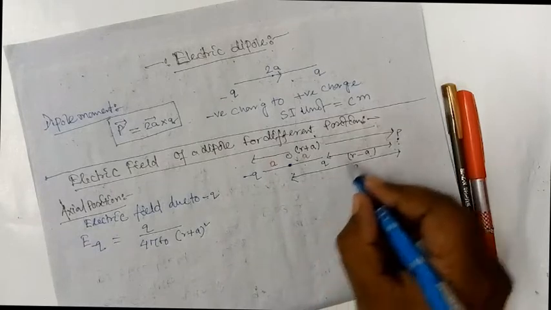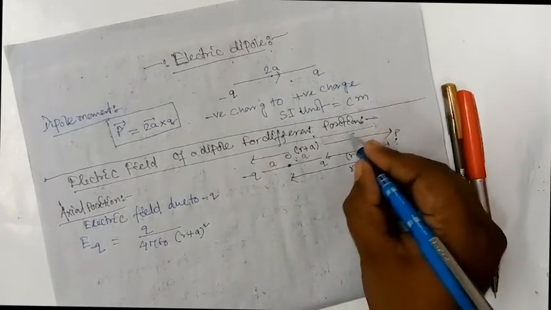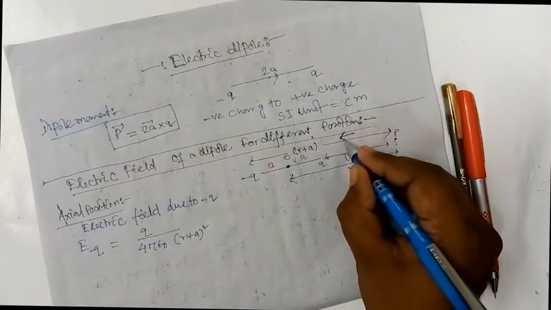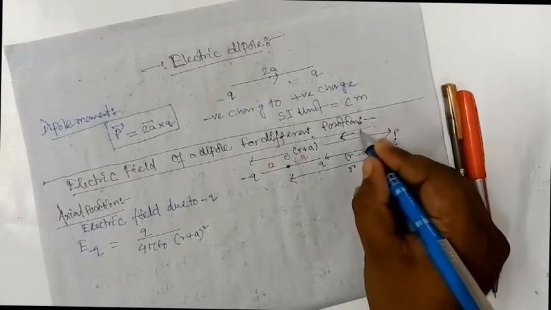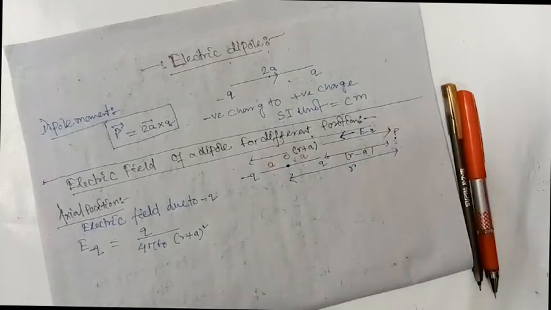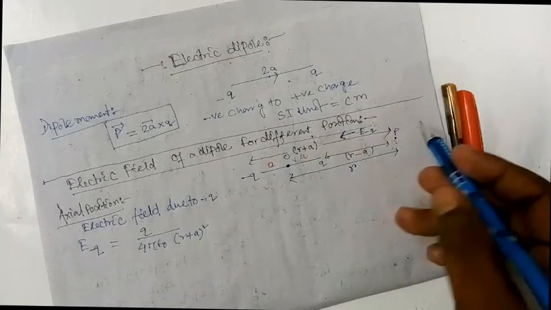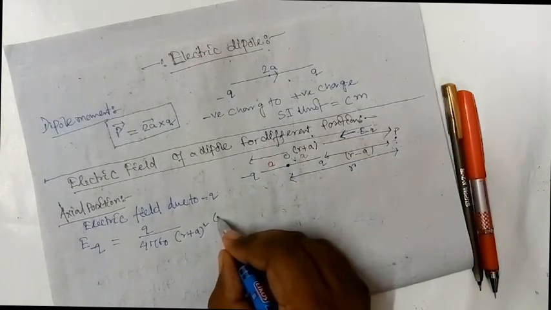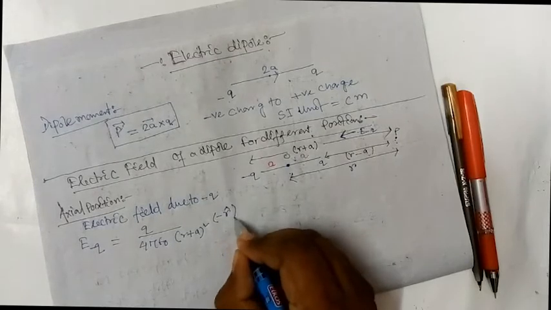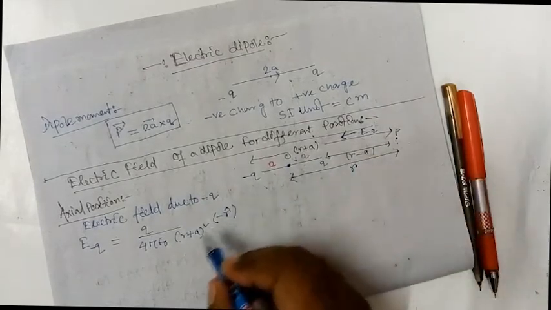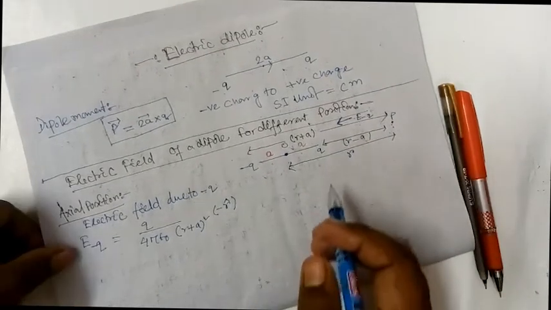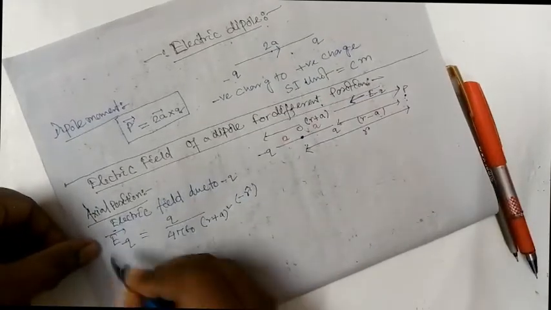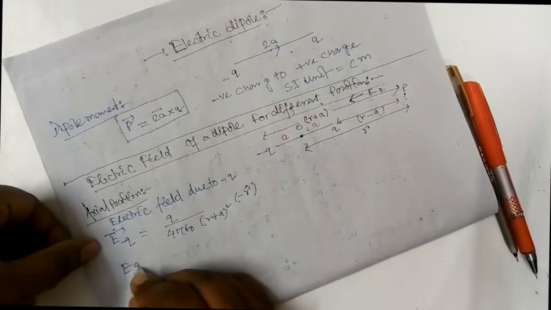You see, this electric field will act in this direction by this arrow. Here E of minus Q will be acting. So as E of minus Q acts in this direction, it will be taken as minus R cap, because it is opposite to R.